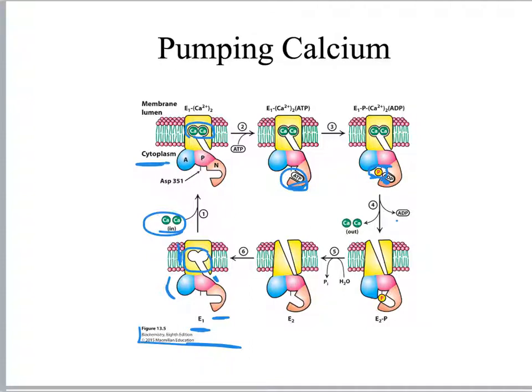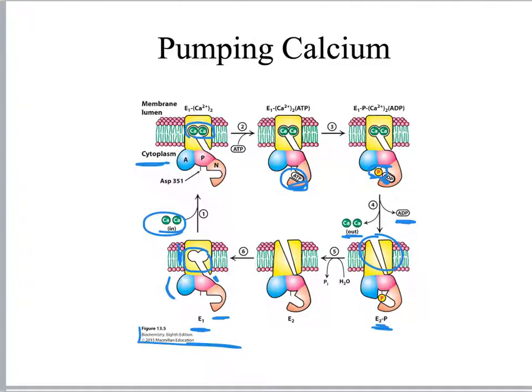After this happens, the ADP is going to be released. The ADP is released, and we have a conformation change that occurs here, and that results in the release of the calcium. At this point, we change conformation.